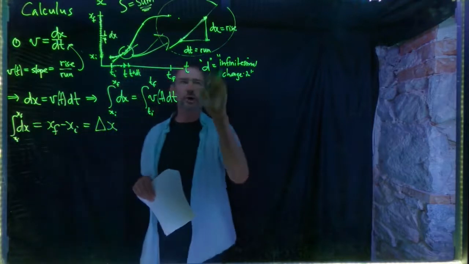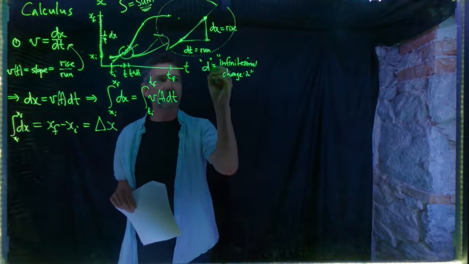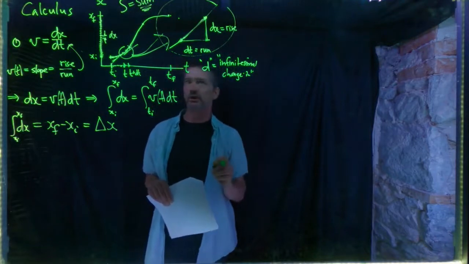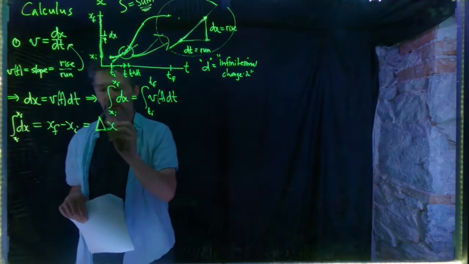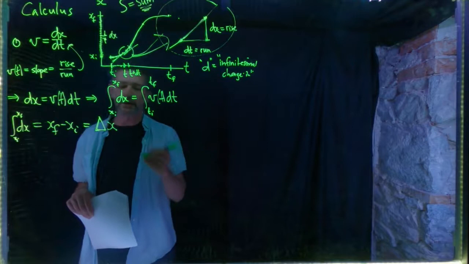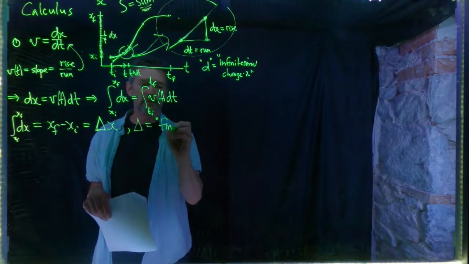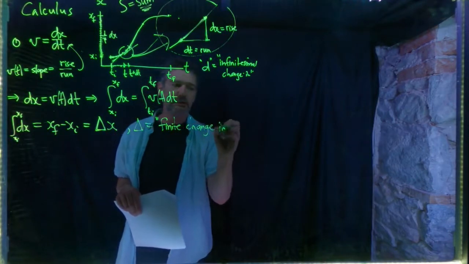So there are two kinds of symbols indicating change. When you put a d in front of a variable, like dx, you mean infinitesimal change, say during an infinitesimal time interval. When you put a delta, a capital Greek letter delta, in front of the x, delta means finite change in that quantity.